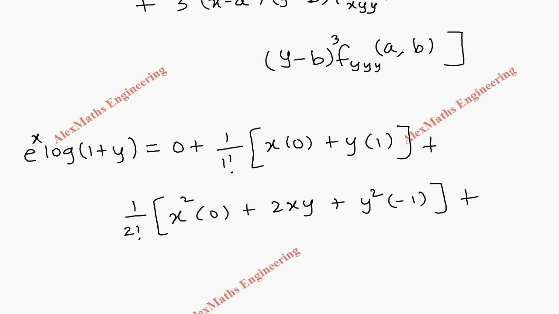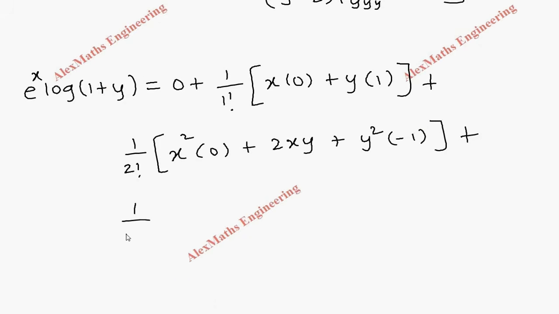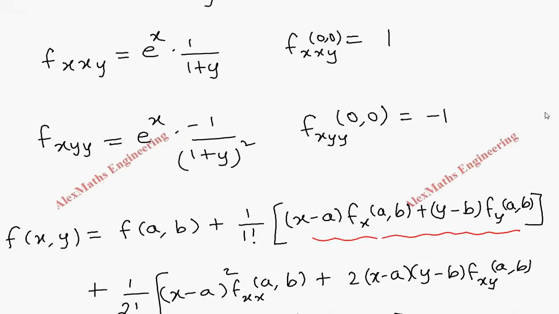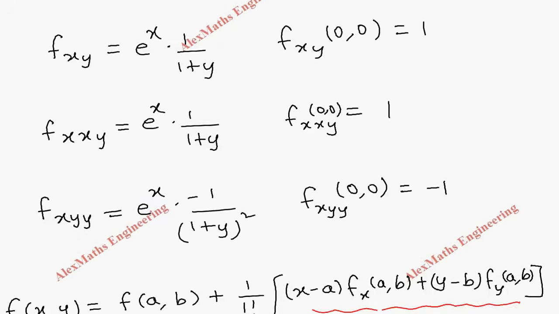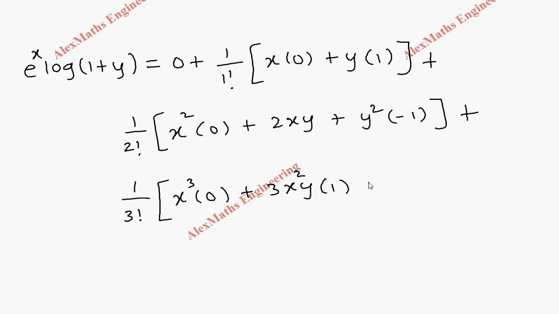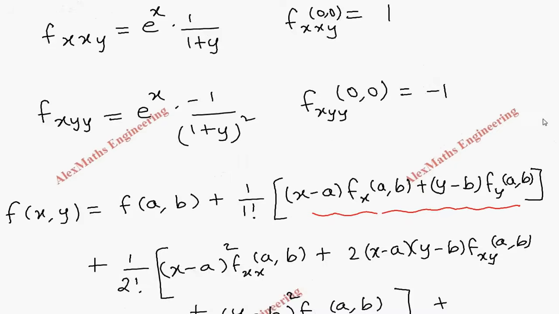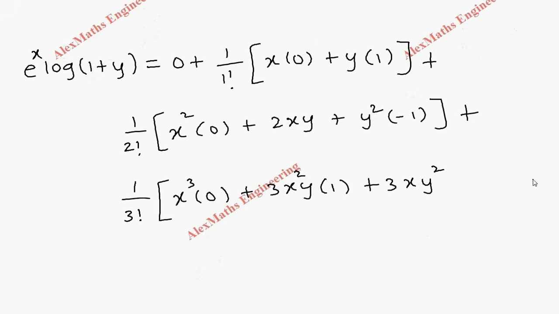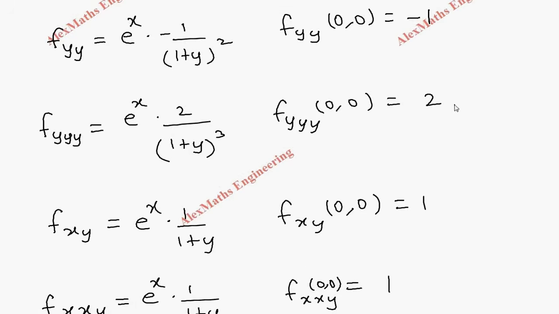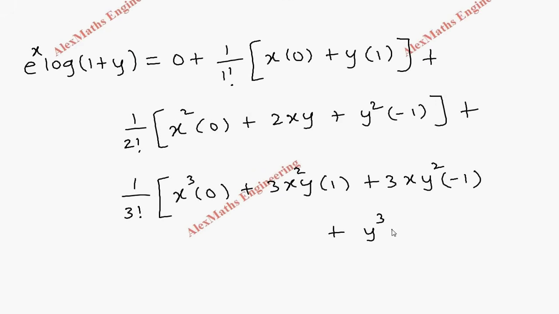Bracket close, plus 1 by 3 factorial x cube into fxxx is 0, plus 3x square y into fxxy. fxxy is 1. Then plus 3xy square into fxyy. fxyy is minus 1, so we put minus 1 here, and the last term is y cube into fyyy. So fyyy is 2, so the last term is y cube into 2.